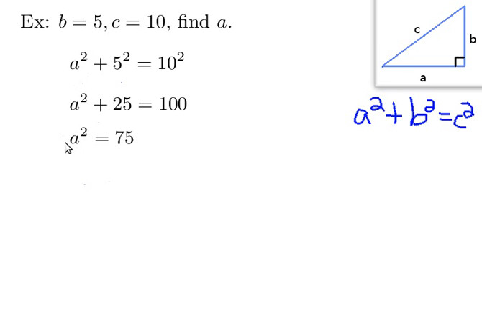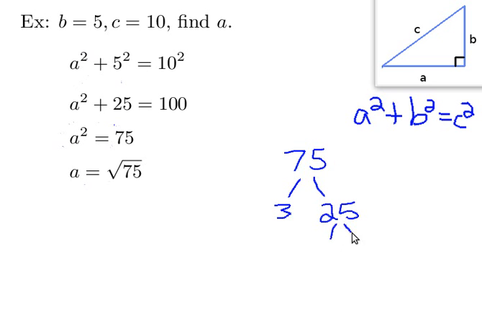Take the square root of both sides. Doesn't look too neat, but we have a equals square root of 75. So 75, that's going to be 3 times 25. 25 is going to be 5 times 5.